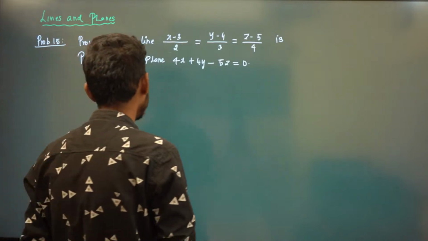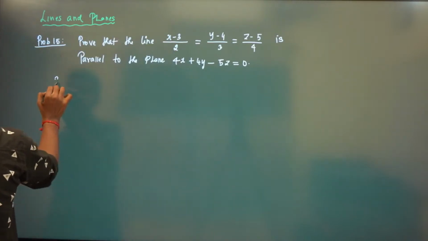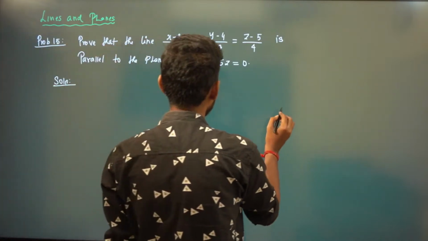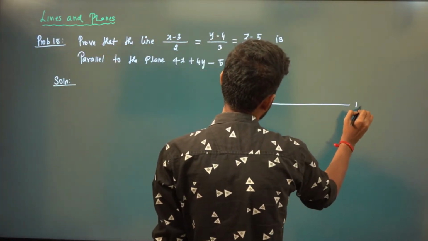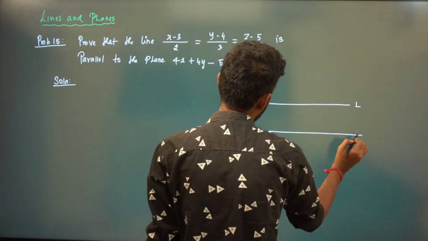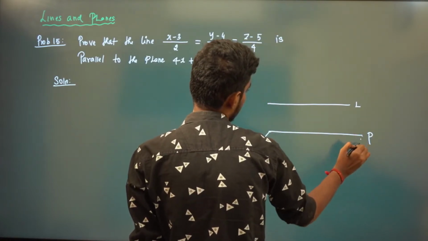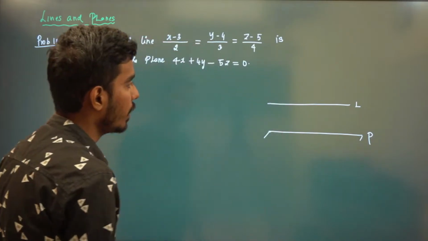We have a line and we have a plane, and we need to show they are parallel.